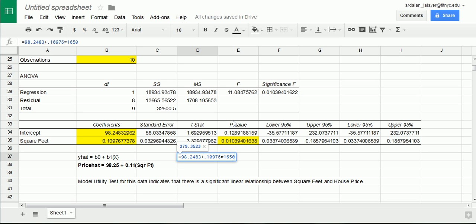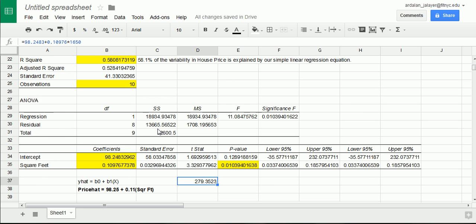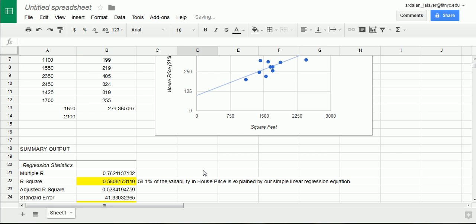That's the square footage I want, and I get 279.35. Compare that to 279.36, because I used references instead of typing out, so I got all those decimal places here. So a house that's 1,650 square feet is predicted to sell for about 280,000.